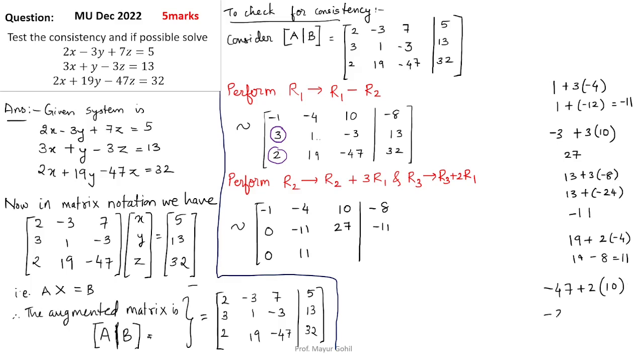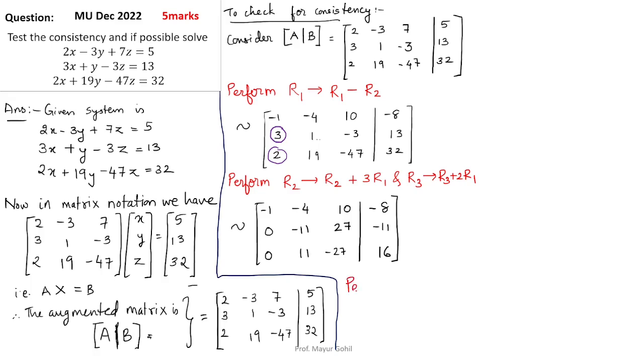So that is going to be minus of 27 here. And the next is 32 plus 2 times minus of 8, that is 16. Yeah, it is going to be 16 here. Okay, now we go for the next operation.